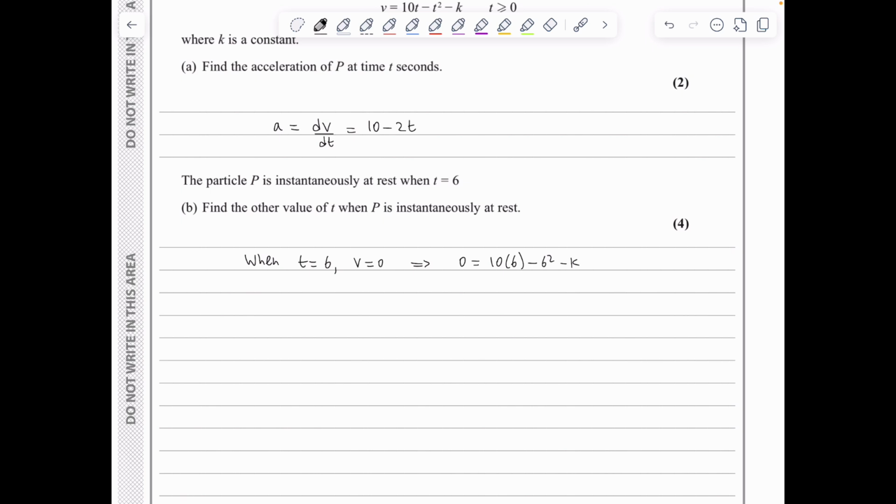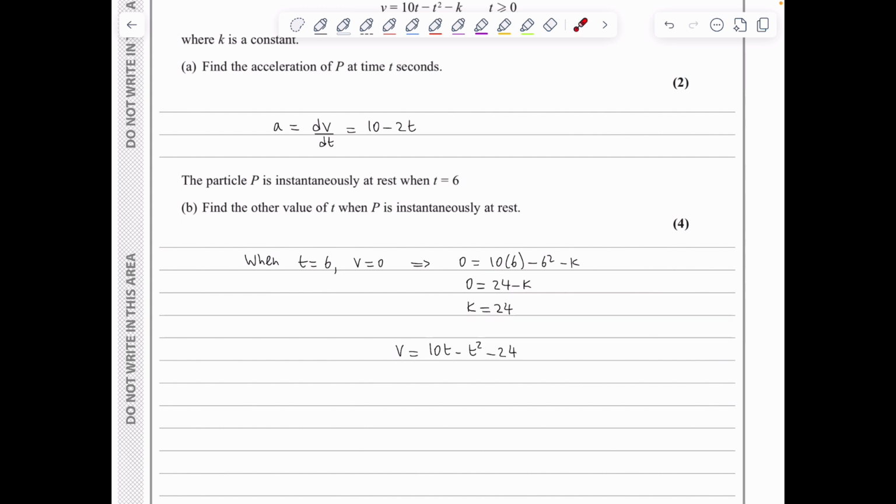So I have substituted t is 6 into the expression for v. This will help me determine the value of k. So we're looking at 0 being 24 minus k, and therefore k is 24, which means that the expression for the velocity is that v is equal to 10t minus t squared minus 24.